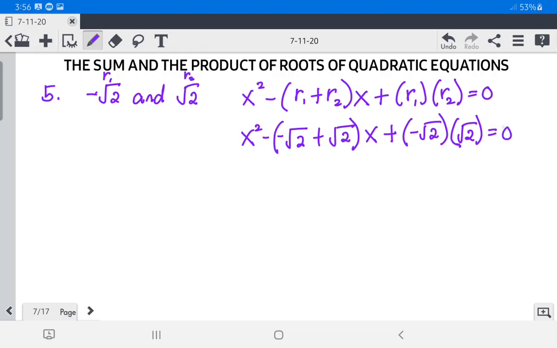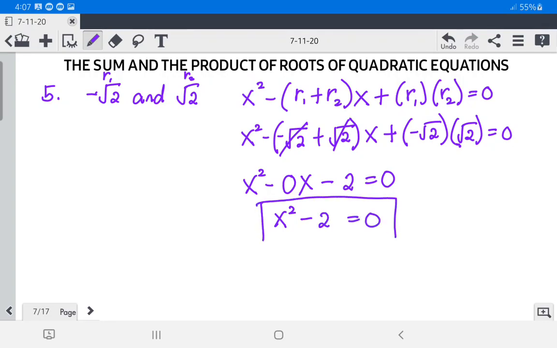Then we have x squared minus, now you can cancel negative square root of 2 and positive square root of 2, so we have 0 x. Then negative 1 times 1, we have negative 1, then times square root of 2 times square root of 2, that is 2. Then equals 0. So therefore, the quadratic equation is x squared minus 2 equals 0. So x squared minus 2 equals 0 is the quadratic equation if the roots are negative square root of 2 and square root of 2.